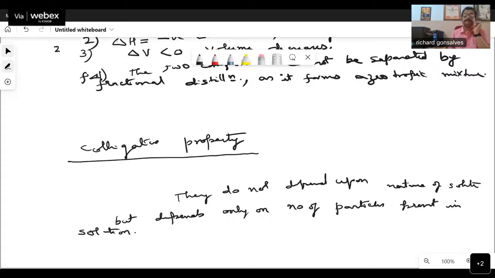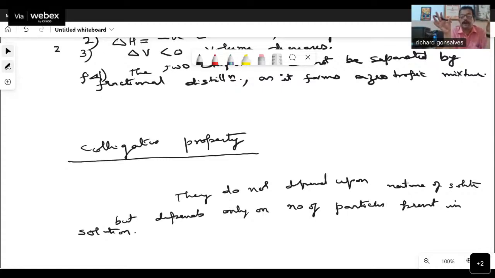For example, if you take 1 molar glucose solution, you have to dissolve 180 grams in 1 liter. That is 1 molar glucose solution. 1 molar urea solution, you have to dissolve 60 grams of urea in 1 liter.